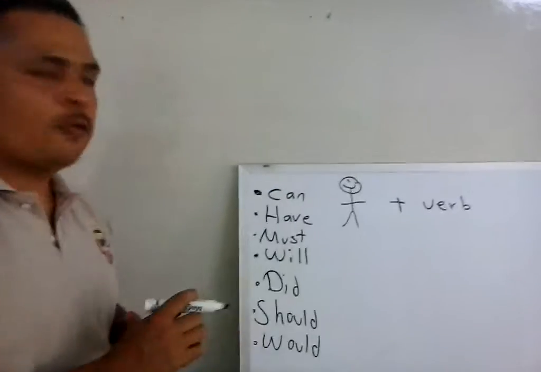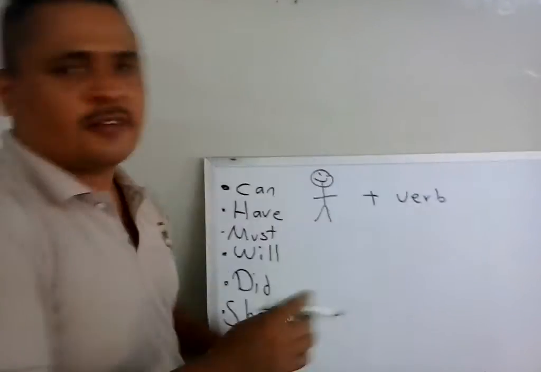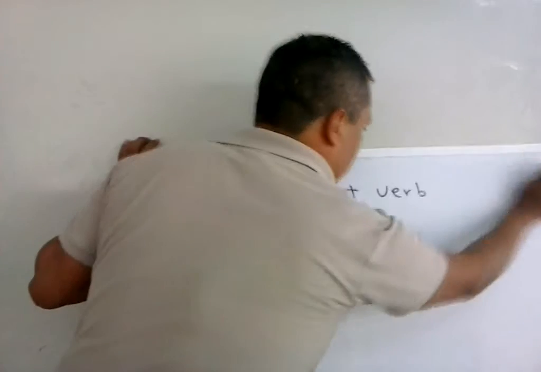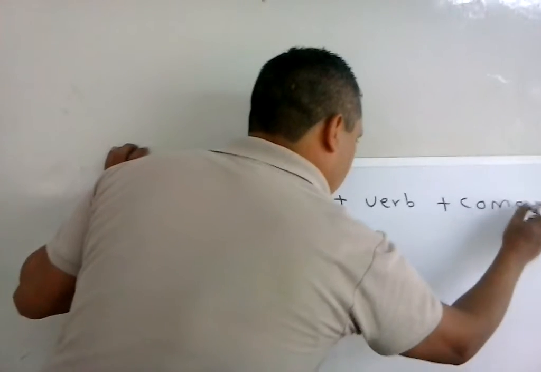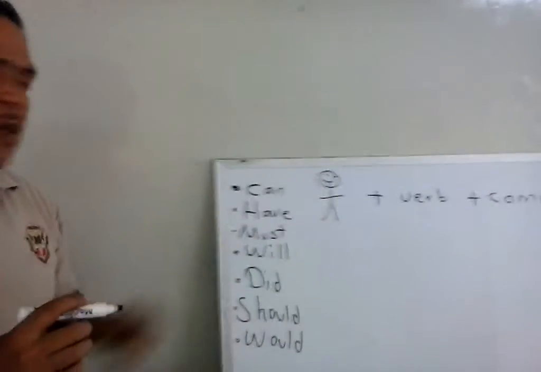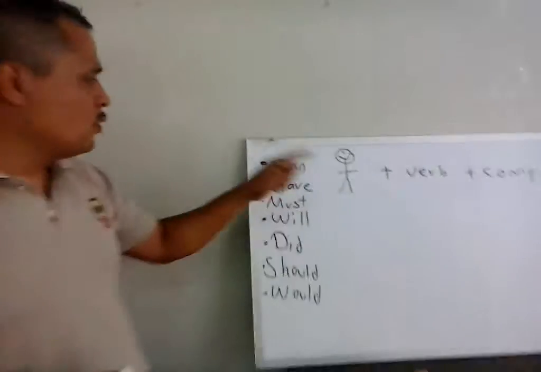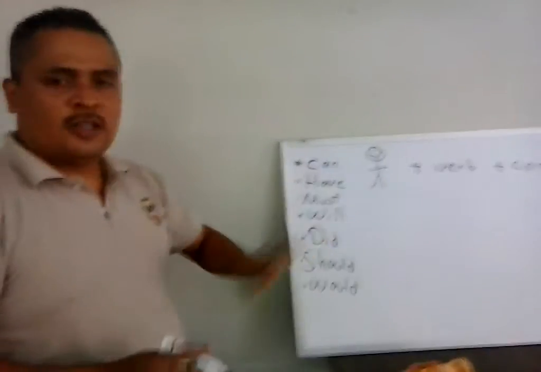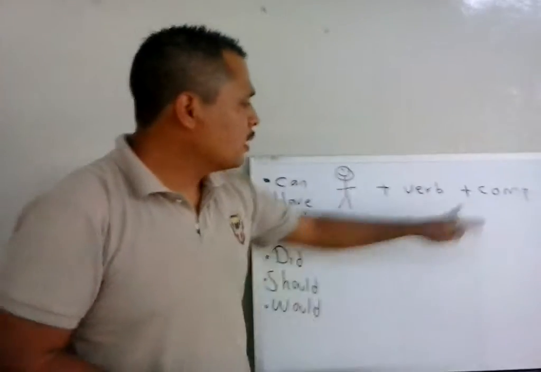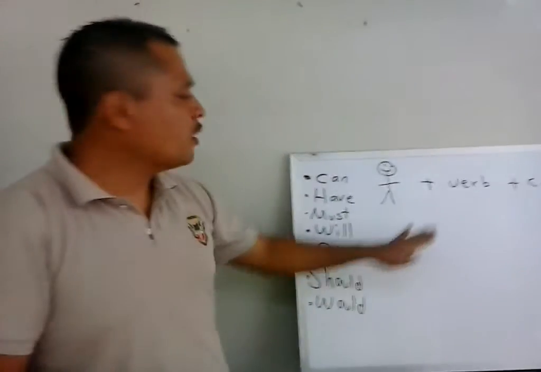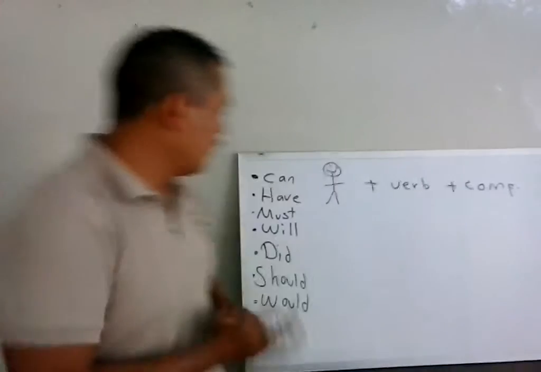The verb is in base form if you want to make the sentence in simple present. Then we have the complement. As you notice, the form is easy. It's like in Spanish: subject plus verb plus complement.